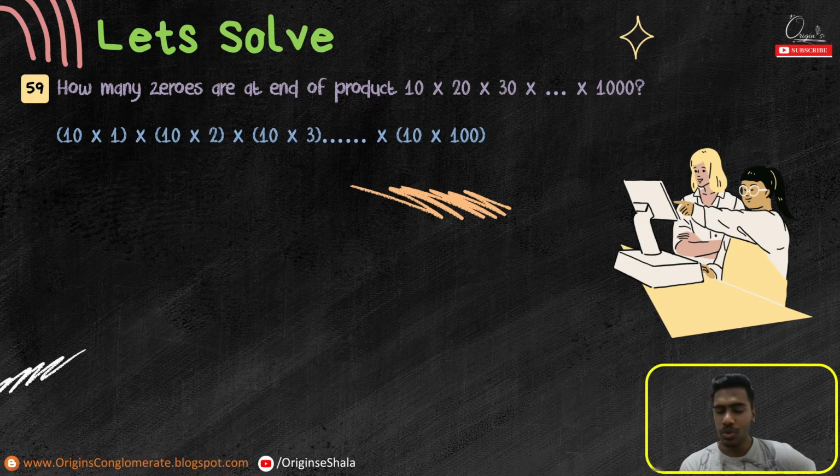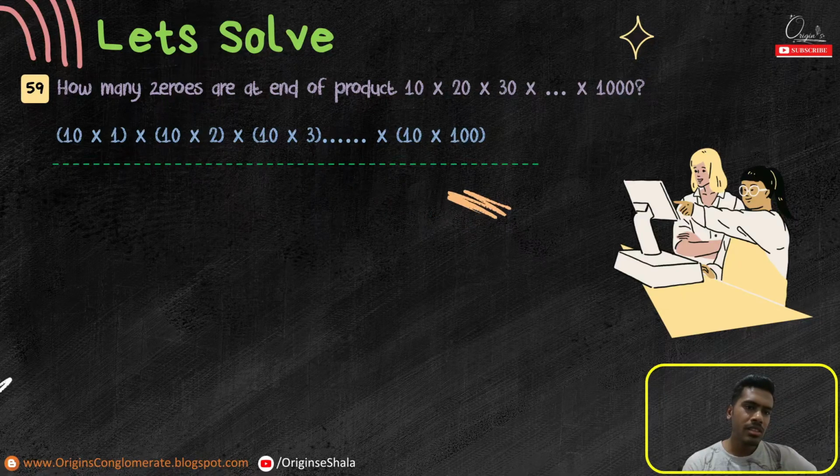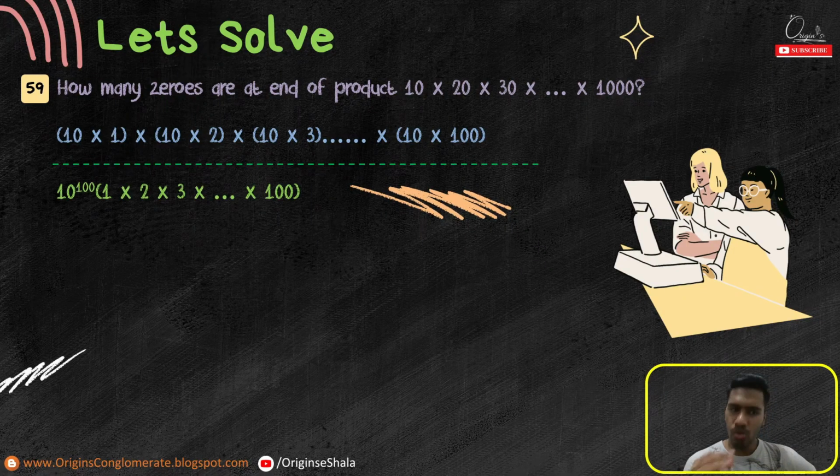Now here is where most folks make a mistake: while taking out the 10 common, they forget to add the power. Mind well, this is a multiplication series, not an addition series. So if you are taking 10 common from 100 things, you have to account for those 100 multiples.